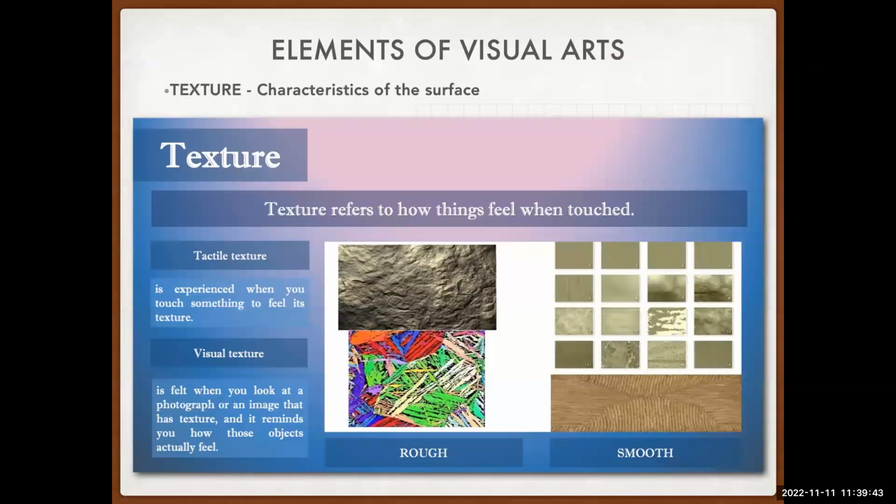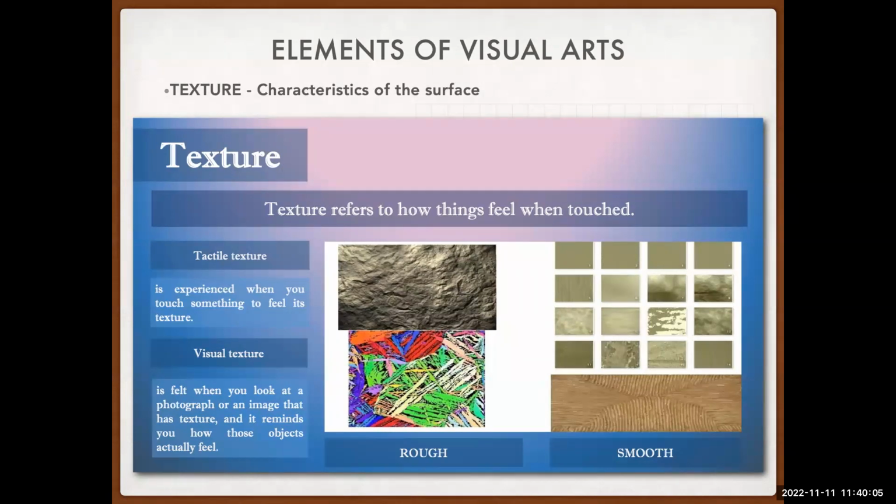Now, we also have texture. Texture is the characteristic of the surface, which refers to how things feel when touched. If you're just going to look at it, you're not going to see the texture. But if you touch it, then you're going to know the texture of that particular surface. Therefore, there are two types of texture.